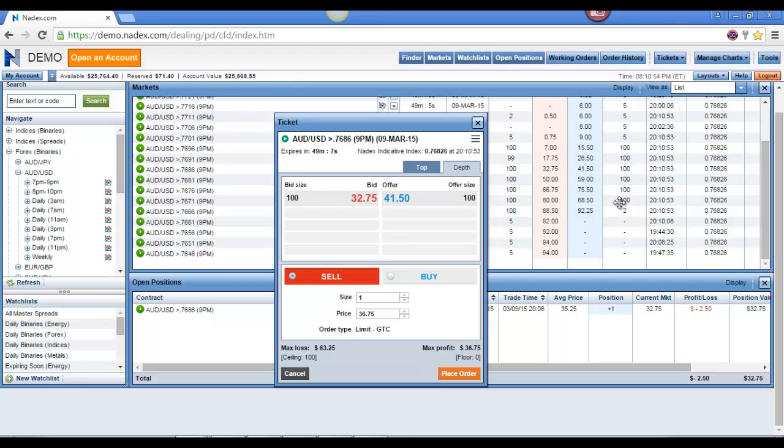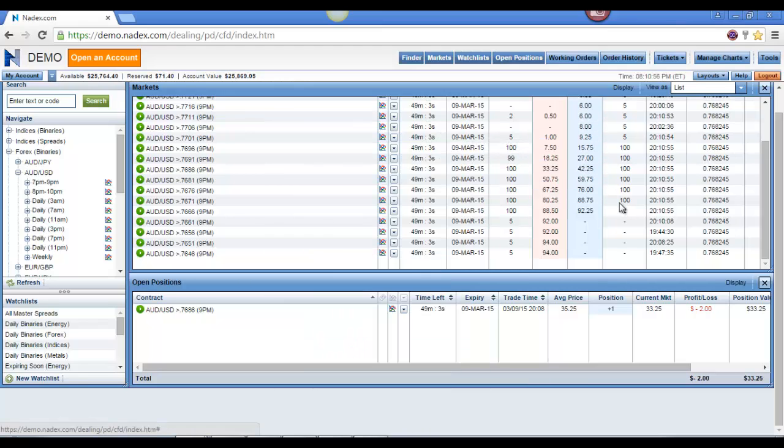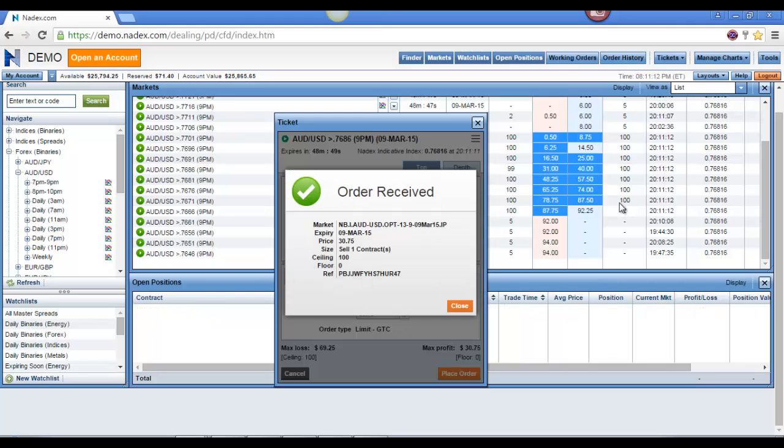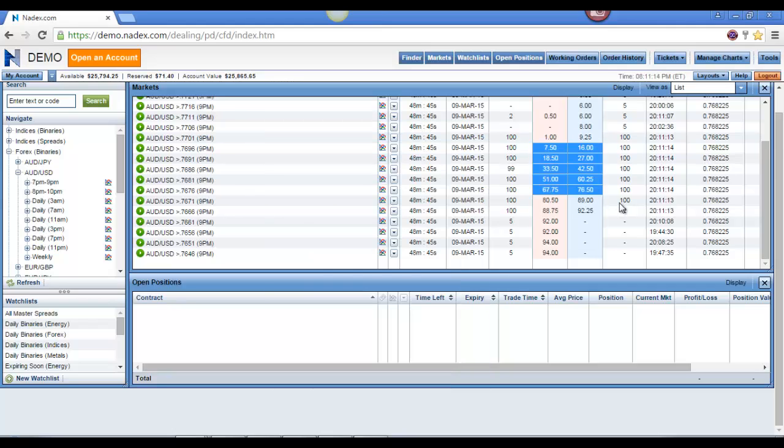So let's say that I'm like, okay, I see this bouncing around. I just want to get out of it. All right, well, I open the ticket, and right now I can sell it for 34 bucks. All right, so I click it, and well, now it's bouncing around on me, and I just sell it and get out of it. All right, does that make sense?